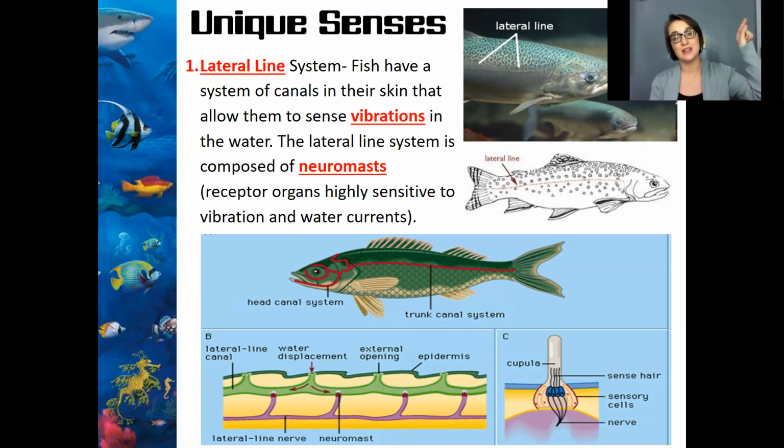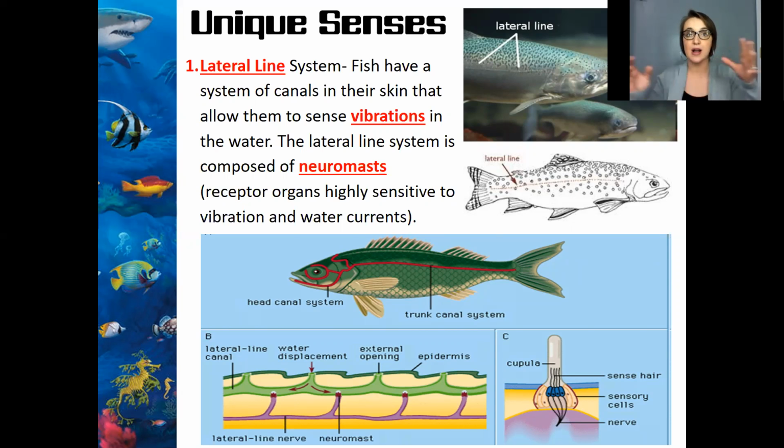You can literally see the line that they've illustrated down that stuffed animal. So these are a system of canals which are essentially lined up with nerve endings. And whenever there is vibrations in the water around them, those canals actually will pick up those vibrations, and it allows the fish to kind of protect themselves even if they're not looking directly at the threat.